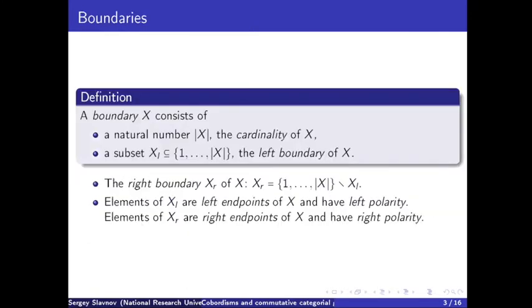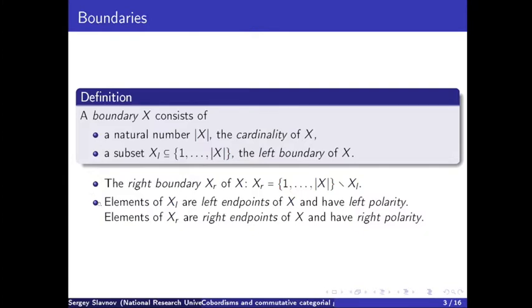Okay, so the first entity in this category, the objects, I call them boundaries, and a boundary x is defined by a natural number, the cardinality of x, and a subset of the integer interval from 1 to the cardinality of x, which I call the left boundary and denote as x sub L. There's also the right boundary, which is the complement of the left boundary.